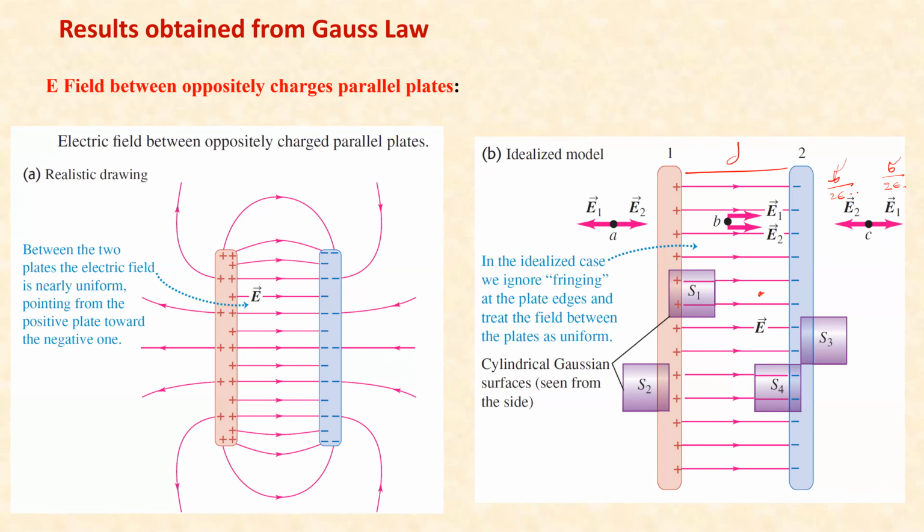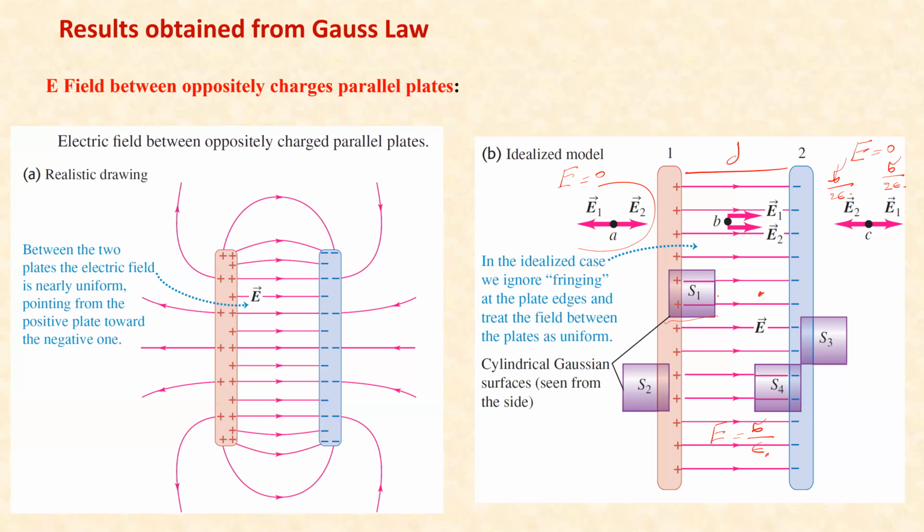Outside, they cancel each other. Inside, they add to each other and become sigma over epsilon naught. Outside on this side, E becomes 0, and here E becomes 0. Inside, E becomes sigma over epsilon naught. If you apply Gauss's law to this surface S1, you get the same thing: the sigma of the plates, the charge per unit area, divided by epsilon naught.